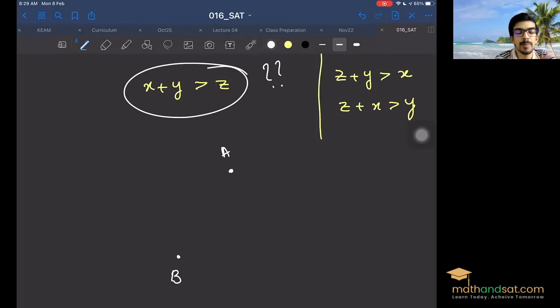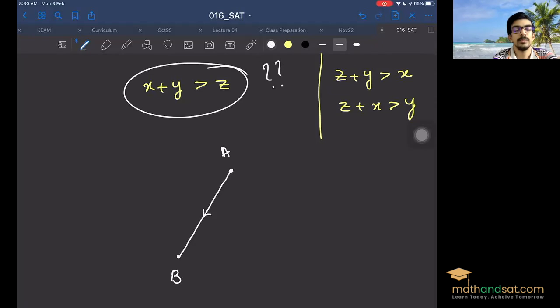How can you reach from A to B in the shortest way? It will be along the straight line joining A and B, right? Of course, the shortest path will be along the straight line joining A and B.